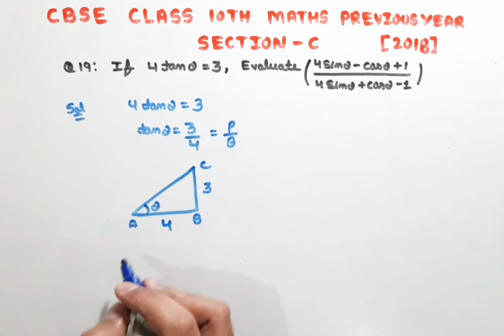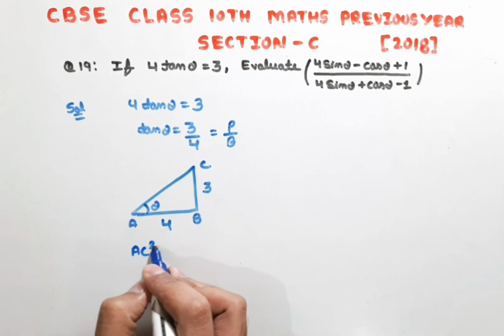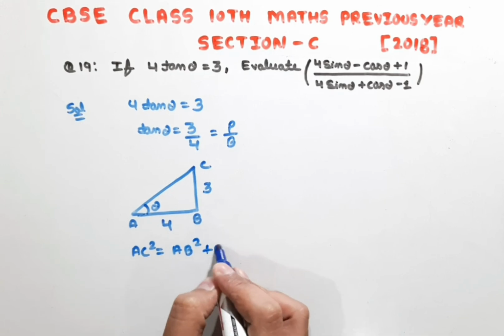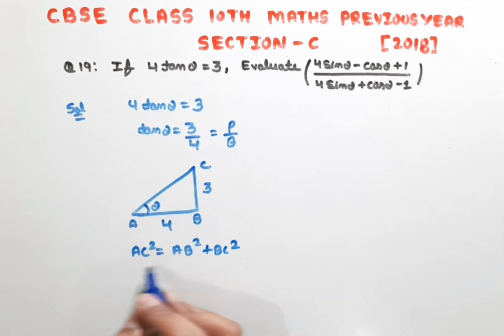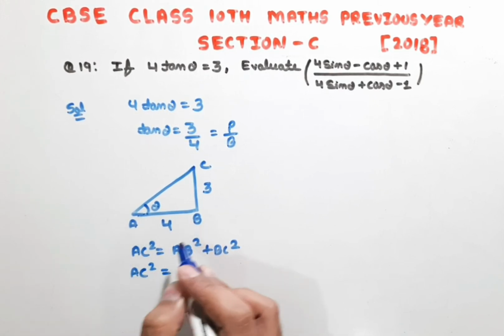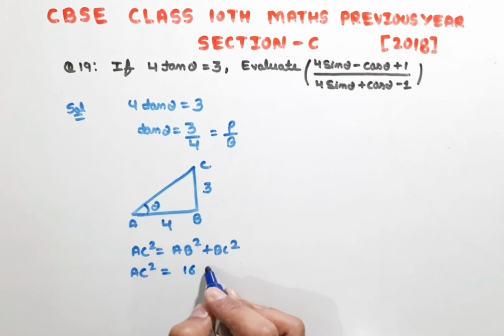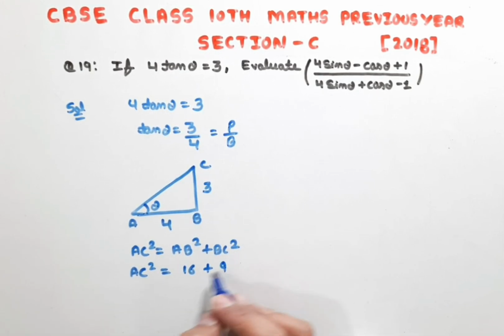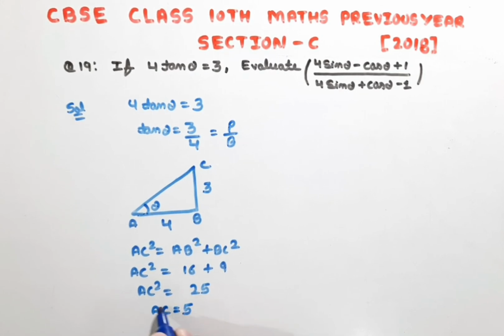So hypotenuse AC square will be equal to AB square plus BC square. So AC square will be AB, that is 4 square 16, plus BC, that is 3 square, that is 9. So AC square will be equal to 25. So AC will be equal to 5.